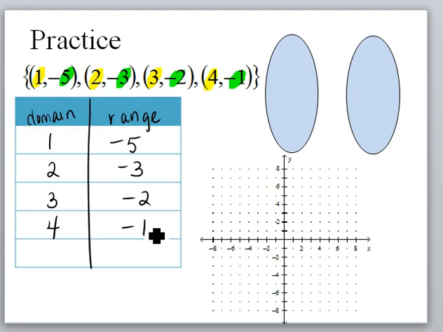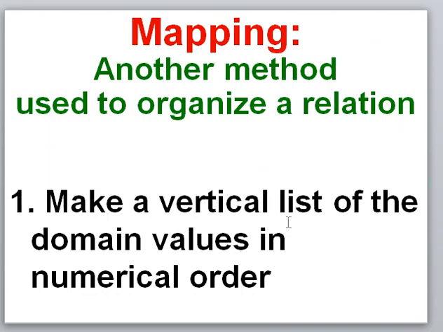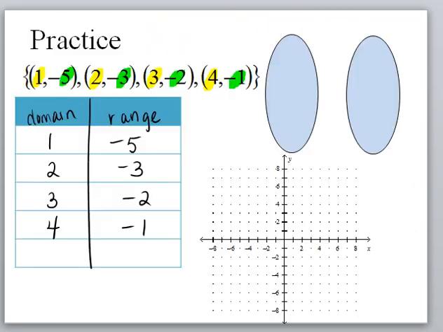So this is the vertical relationship I was just talking about. If we go back to that, it said to make a vertical list of the domain. And we're going to do that same thing when we create that mapping diagram. So because these were already in order, when I create my mapping diagram I can just go ahead and write them in the same order that they were here because I already listed them from least to greatest.